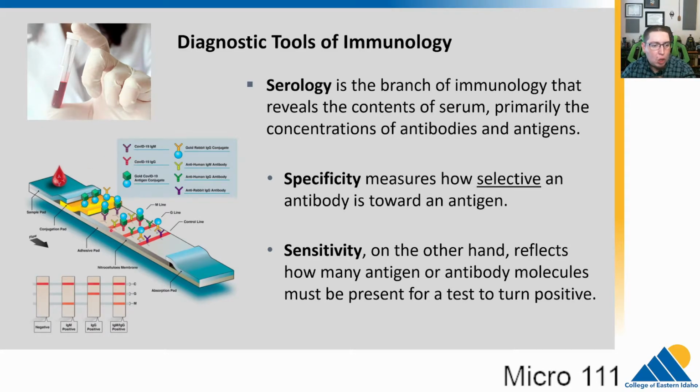And this one is very complicated. This is looking at different levels of IgG versus IgM. So you can tell, is someone making IgM only or IgG only or both IgG and IgM? This would be a tool to do that. And there's, of course, a control line that tells us that the test is still valid.